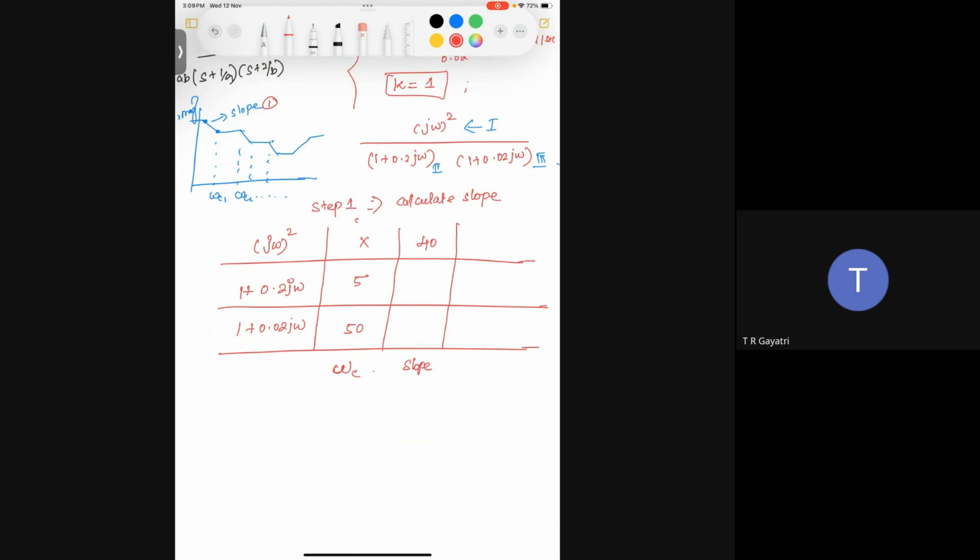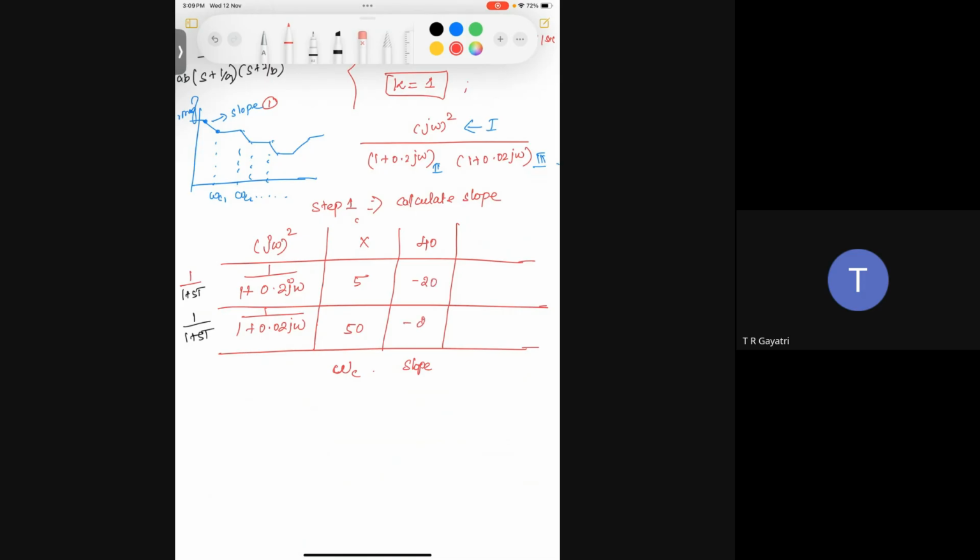Then for the denominator terms in the transfer function, it looks like 1 by 1 plus sT, and another 1 by 1 plus sT. What is the slope we found for each of these? Minus 20. So two slopes, that is minus 20, minus 20.